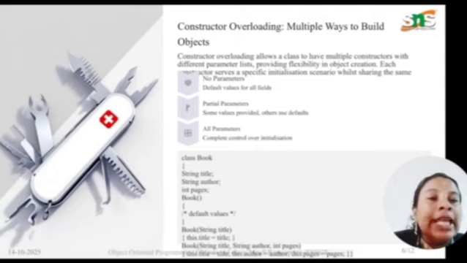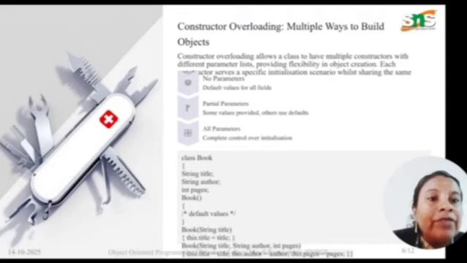Consider this example, class Book. Under that we have mentioned the attributes using data types such as String, int, etc. Your constructor is called with your class name itself. Here we are calling the constructor Book, which is a default constructor.